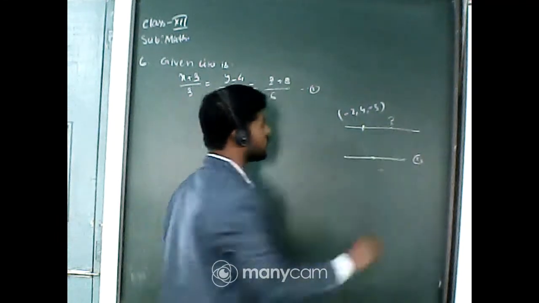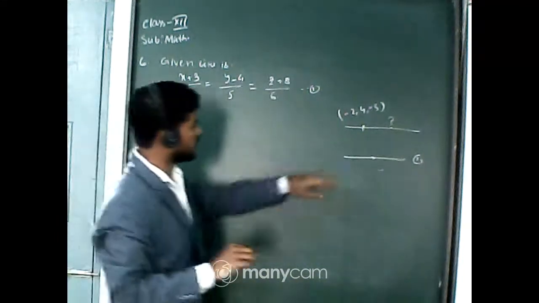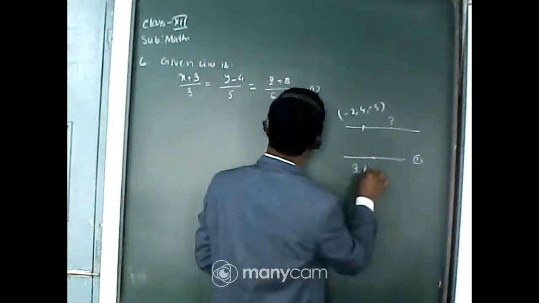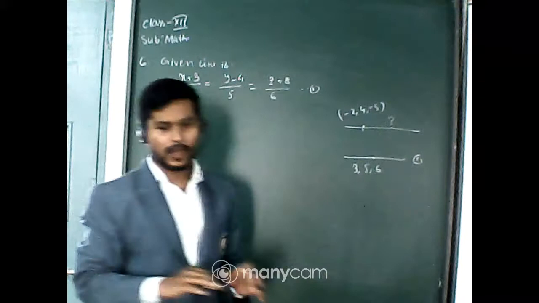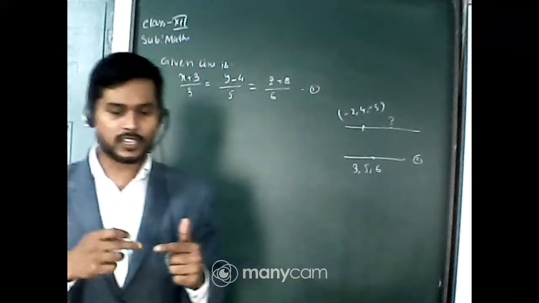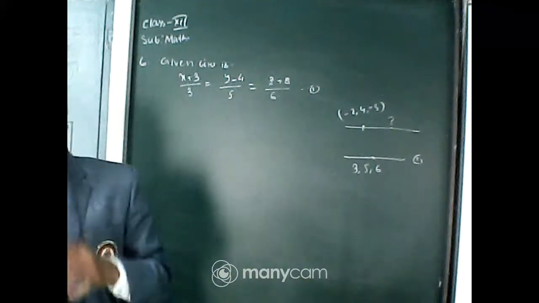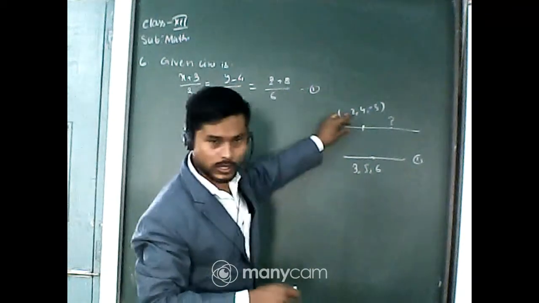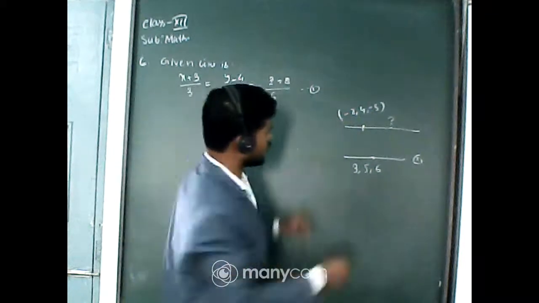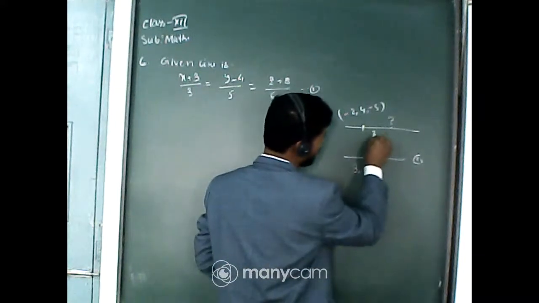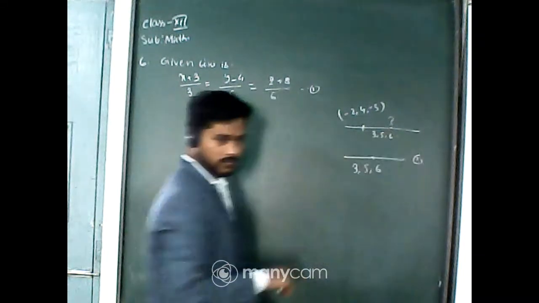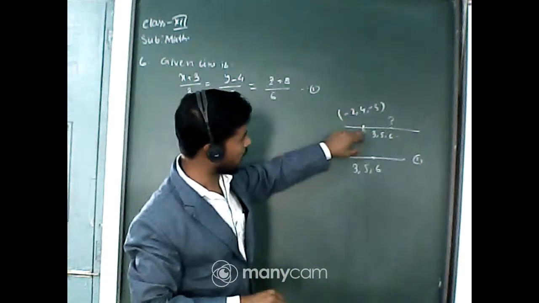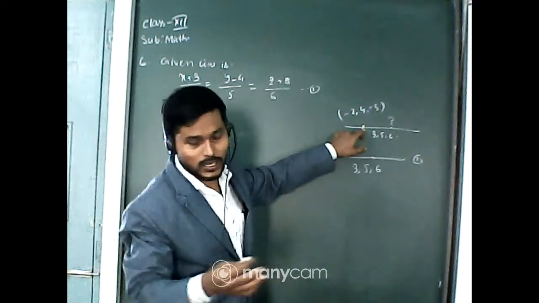We know that the direction ratio of the given line is 3, 5, 6, and if two lines are parallel to each other, their direction ratios are the same. As our required line is parallel to the given line, its direction ratio will also be 3, 5, 6, isn't it? Now we know the direction ratio of this line and one point on this line, so we can easily calculate the equation of the line.